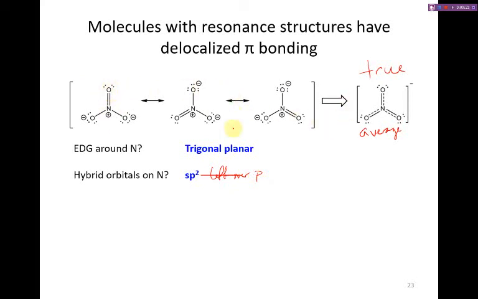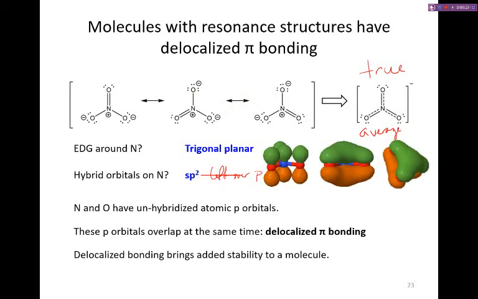In order for them to participate in this delocalized pi system, they must also have leftover p orbitals. And so it turns out that anytime you have hybridization, for whichever elements are quote-unquote participating in that hybridization, what you really have is unhybridized p orbitals that are overlapping to form delocalized pi bonding.